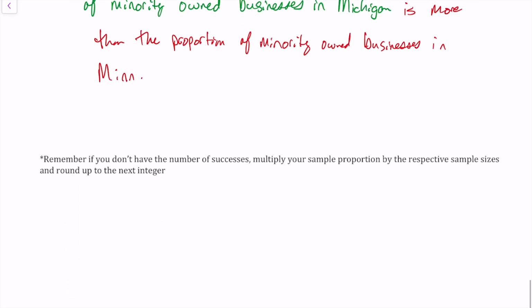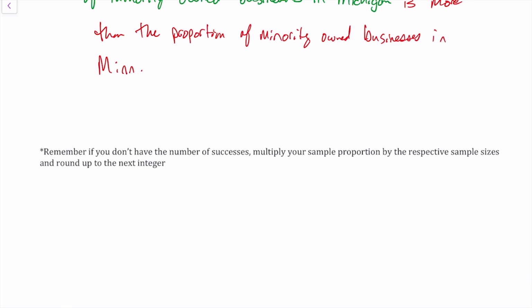As I told you, remember, if you don't have the number of successes, StatCrunch and any type of technology needs to know the number of successes. So what if they said 30% of 195 businesses are minority owned, right?